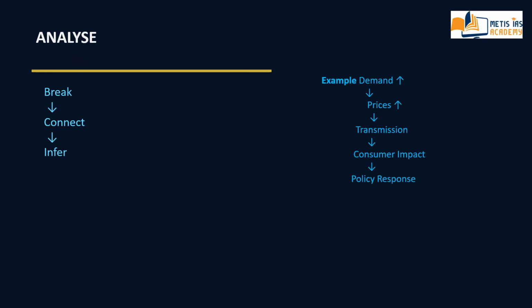The wrong approach is listing demand and supply. The correct approach is: demand increase, price rise, cost transmission, consumer impact, policy response.